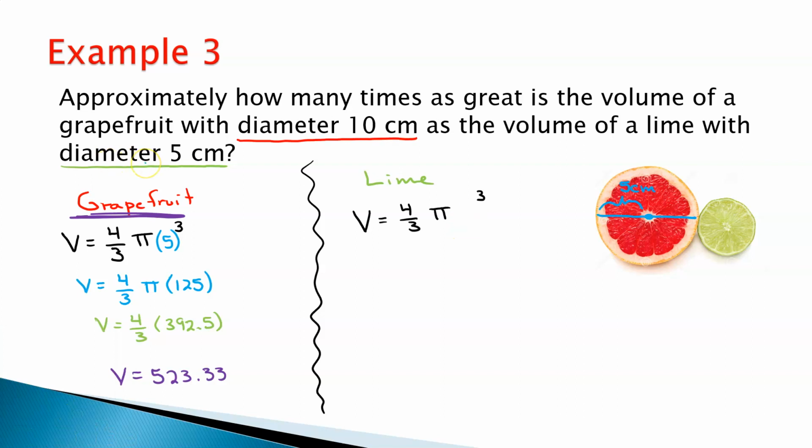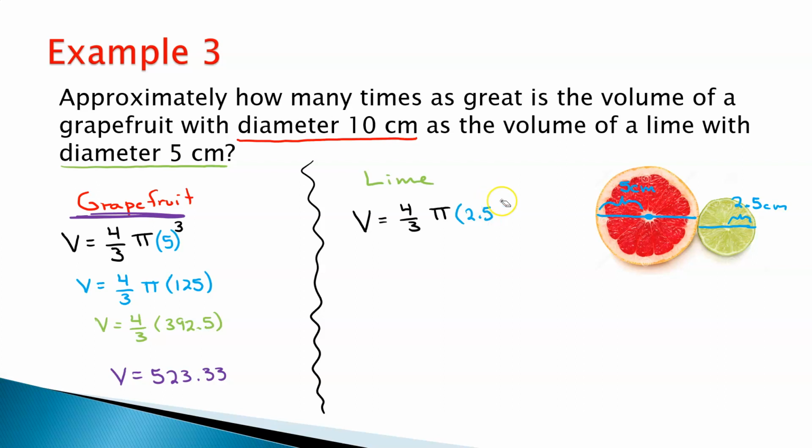It says the diameter is 5. So again, they give us the diameter all the way across this line. It measures 5 centimeters. So what's half of 5? That's going to be 2.5 centimeters. So the radius for this one is going to be 2.5.